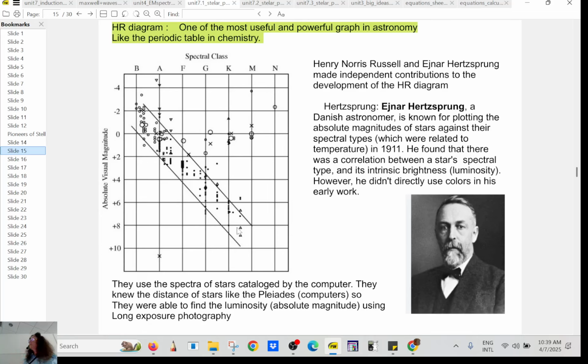But they didn't understand all that yet. They just saw that there is a pattern here. That will be called the main sequence, because if a star is plotted on that line, that means it's burning its hydrogen into helium. And then in this area here, you have outliers.